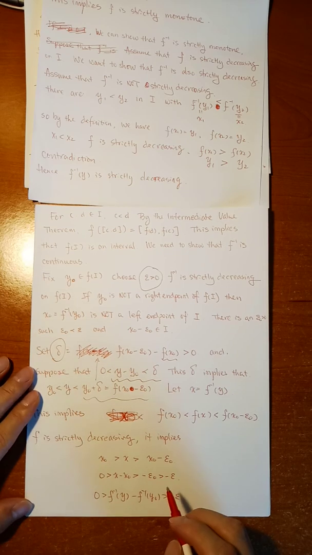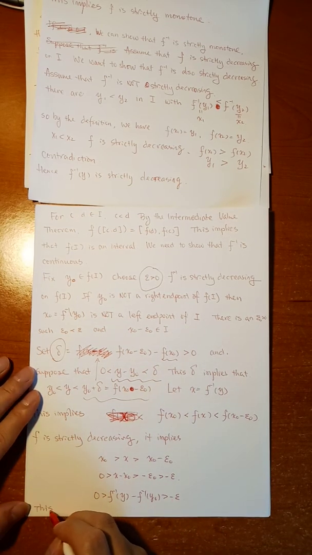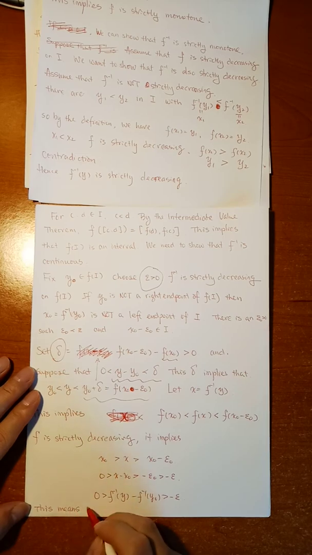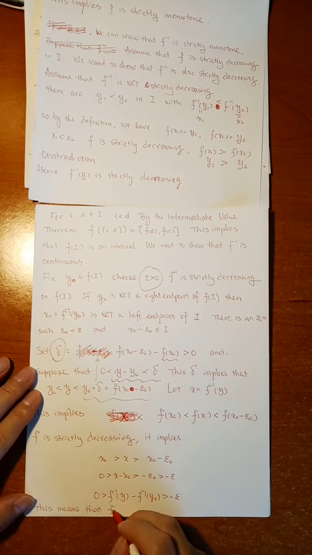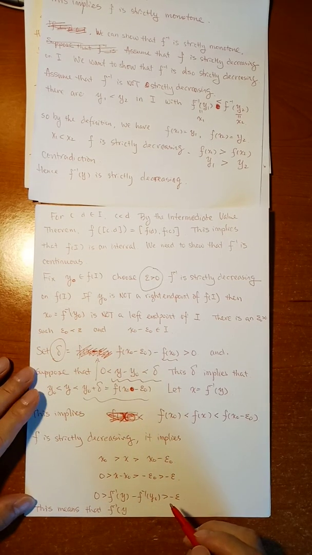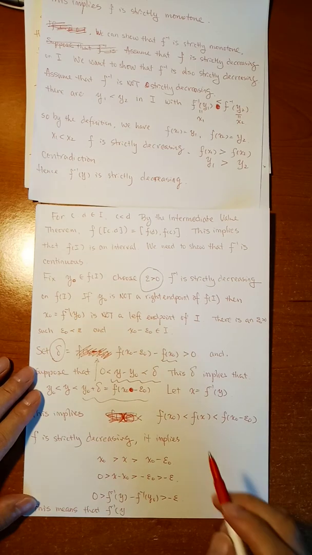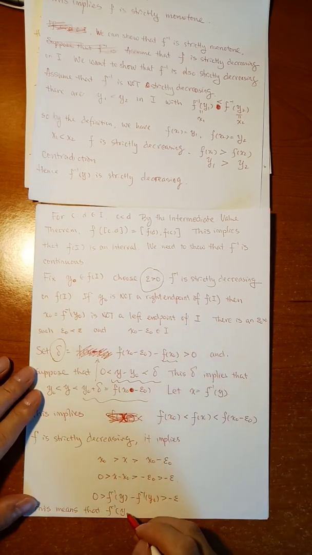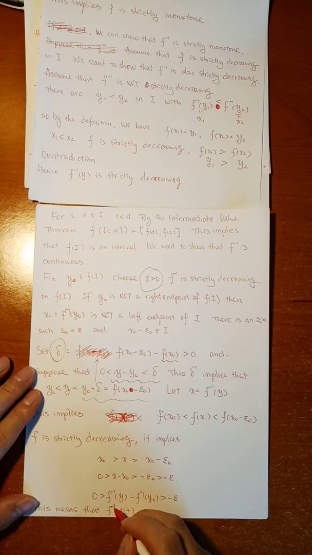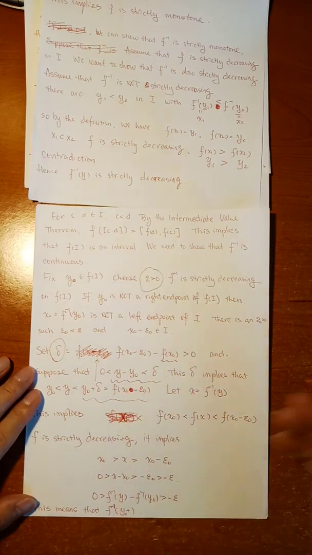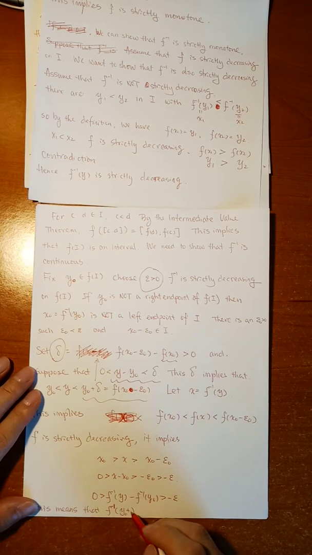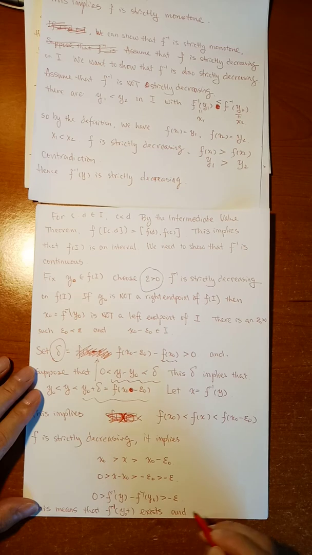Alright? And this means that f inverse of y is on the right side. The right limit of f inverse at y0, the right-hand limit, exists and equals f inverse of y0.